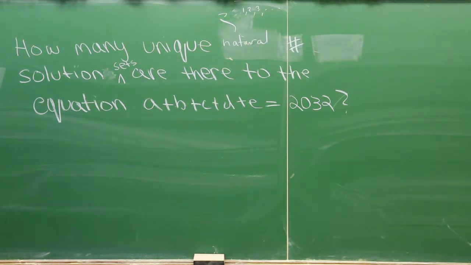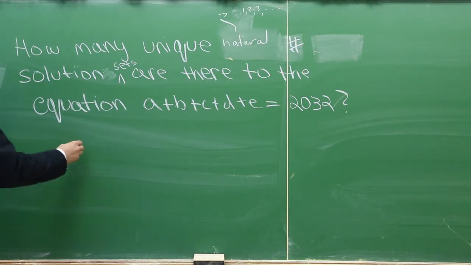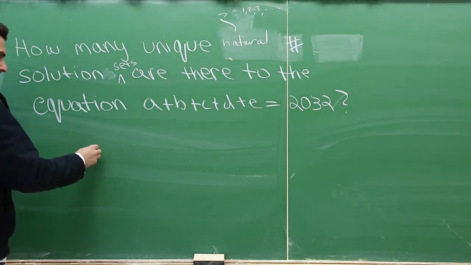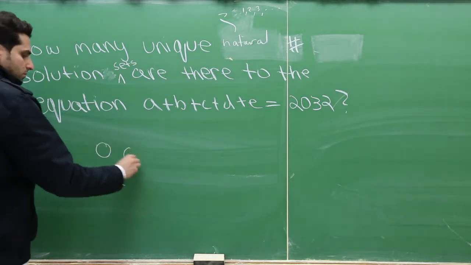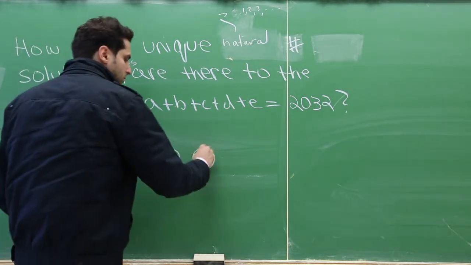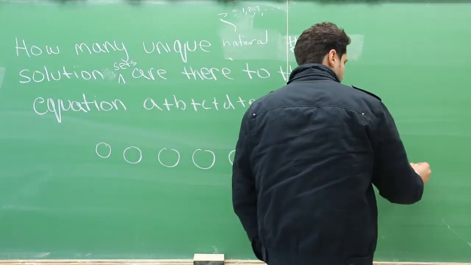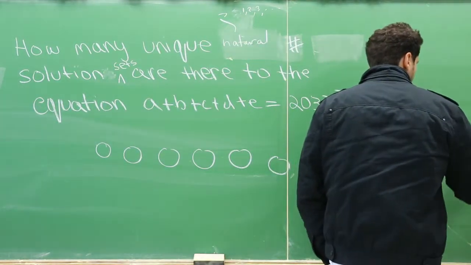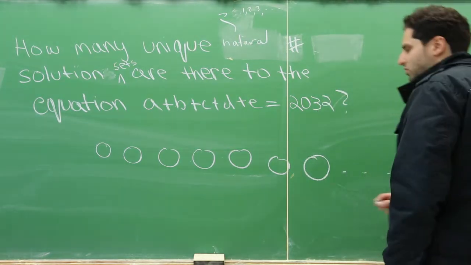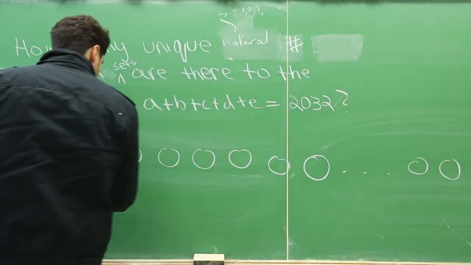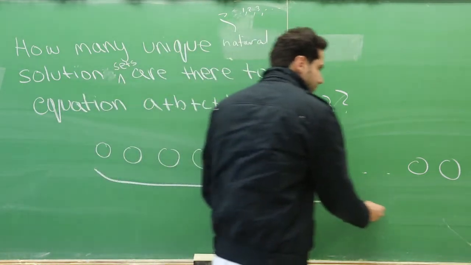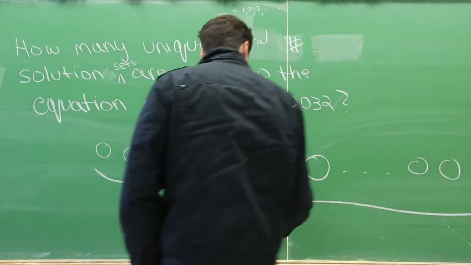So we'll do the part B one afterwards. Let's imagine that over here we have 2032 ones.